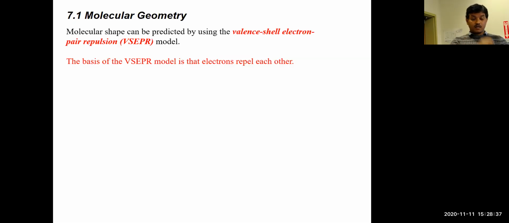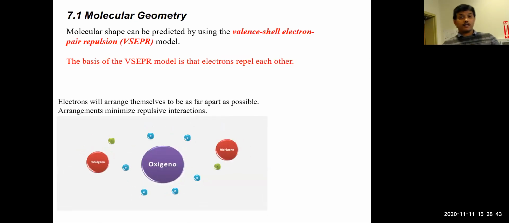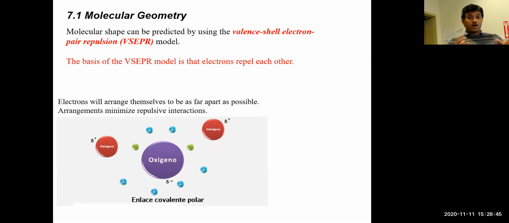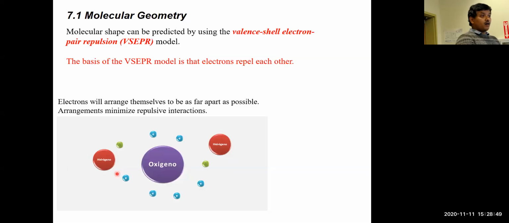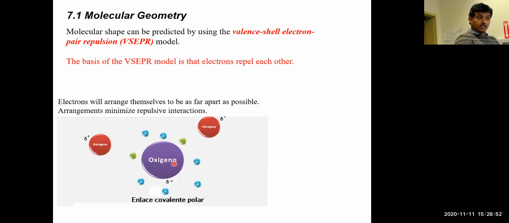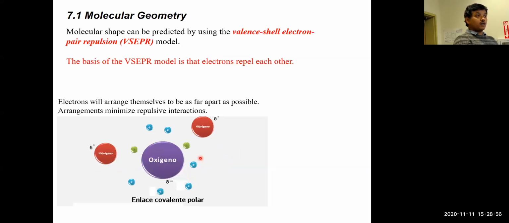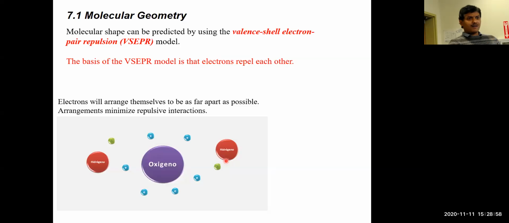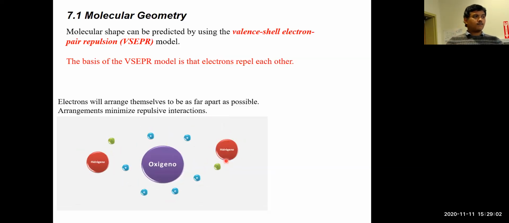So again, let me talk about this from a different perspective. This is what we know about oxygen bonding with 2 hydrogens. Here you see an oxygen with its 6 valence electrons, in blue color, trying to bond with hydrogen, which has 1 valence electron each, so that oxygen can have an octet number of electrons.